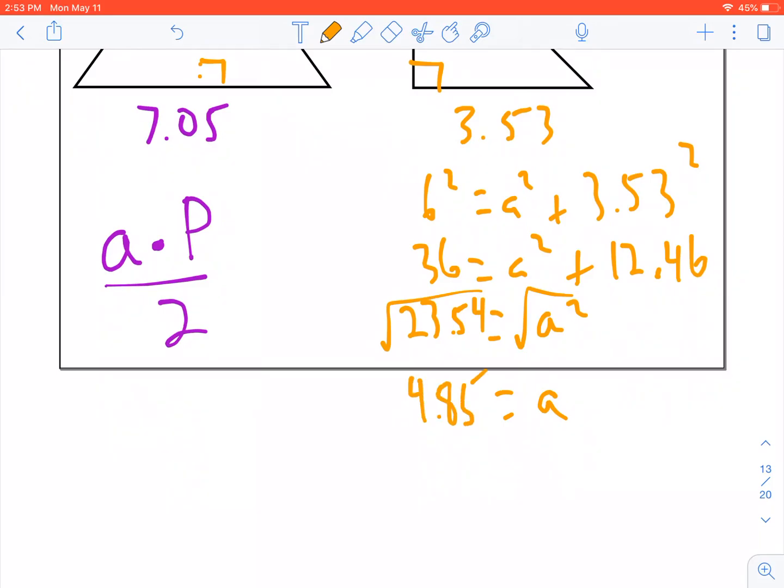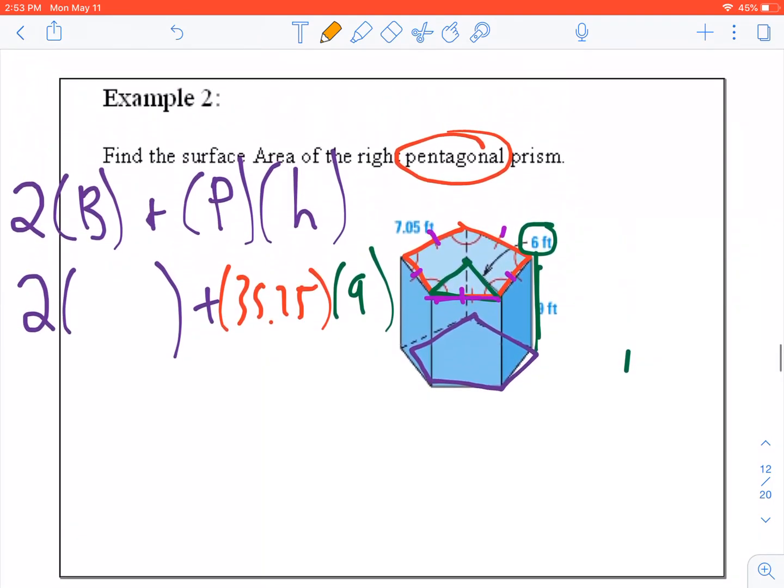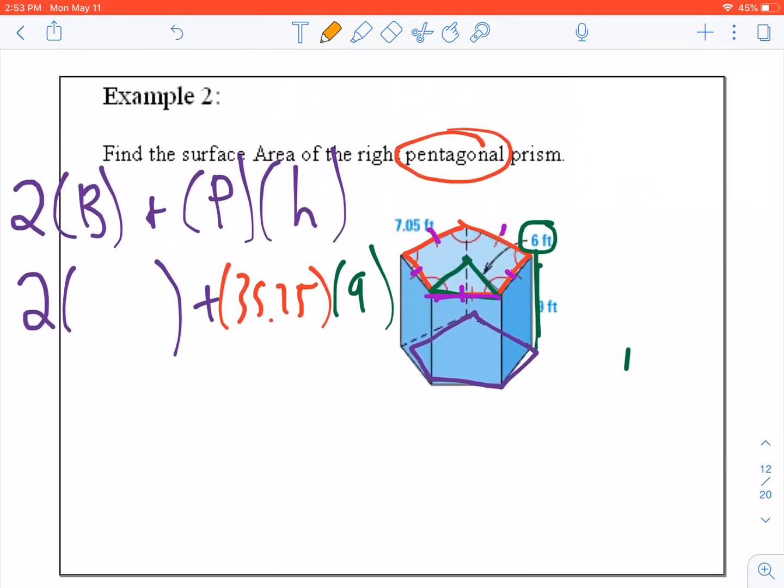So my apothem is 4.85 times the perimeter of my pentagon. We already knew that. We wrote it down in that last part. The perimeter was right here, that is our 35.25.